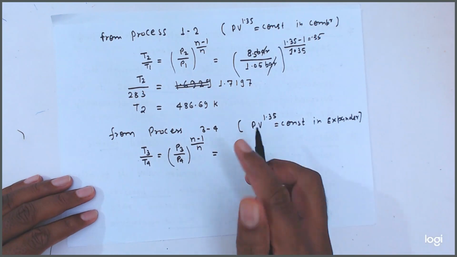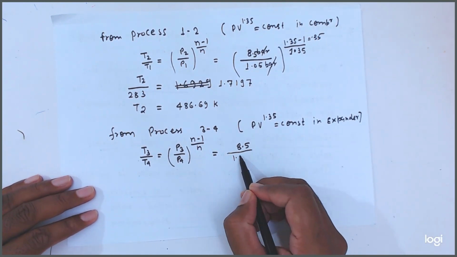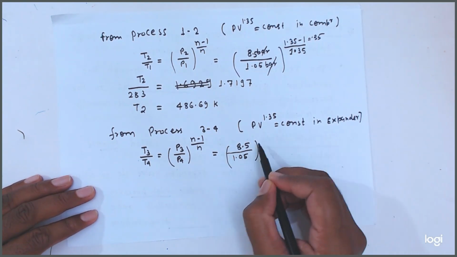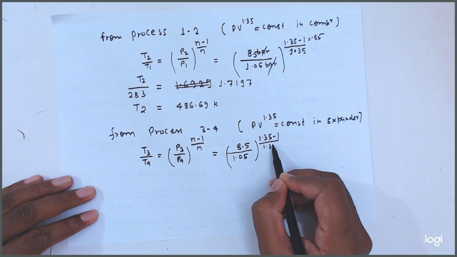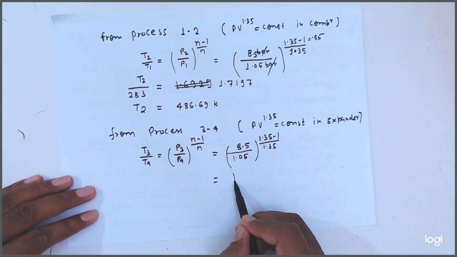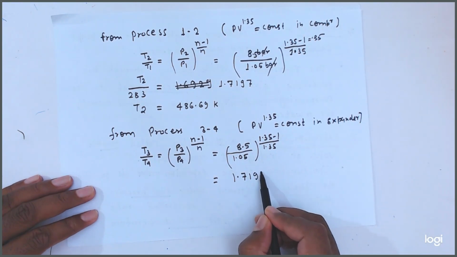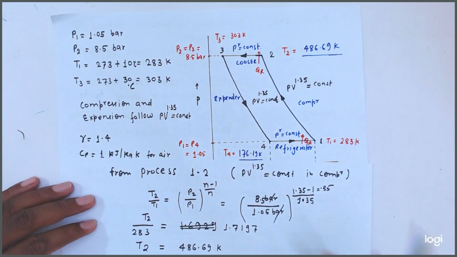So from here, again the same value will come, both are the same, so it will give the same value 97. So here the T3 value is equal to 303 Kelvin.